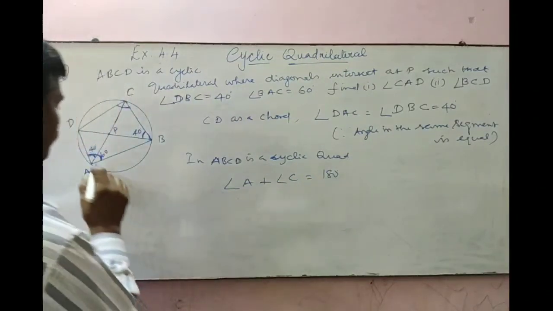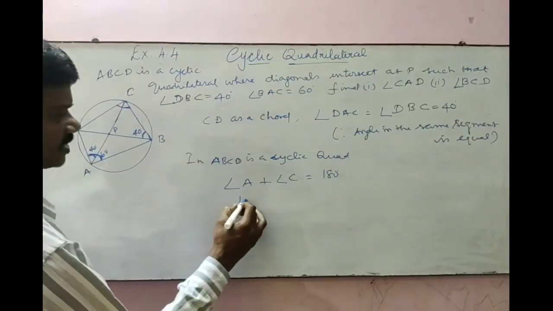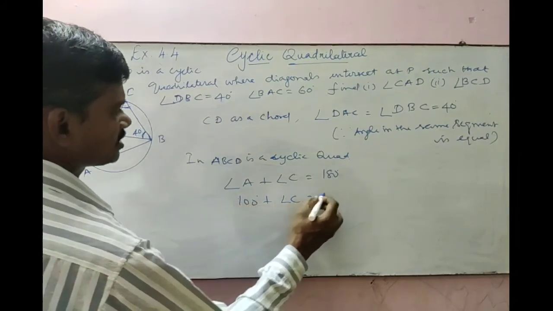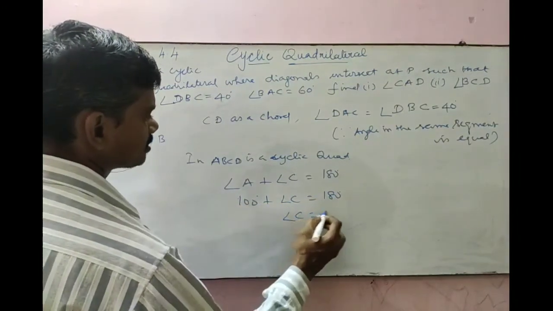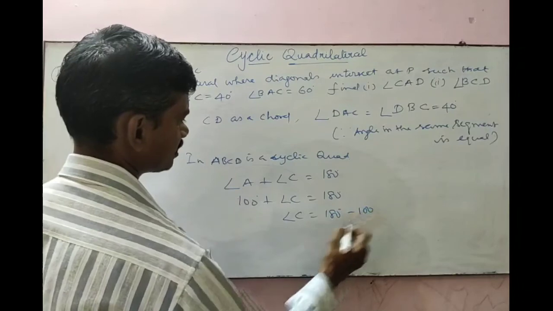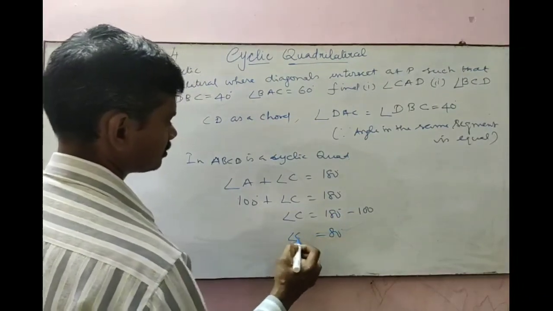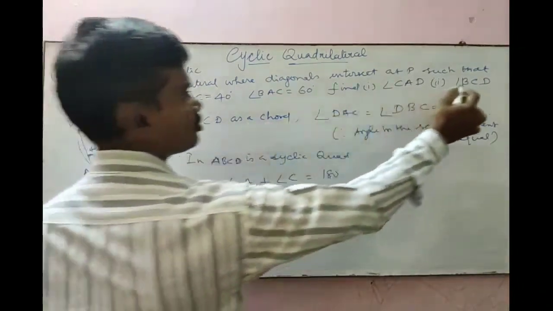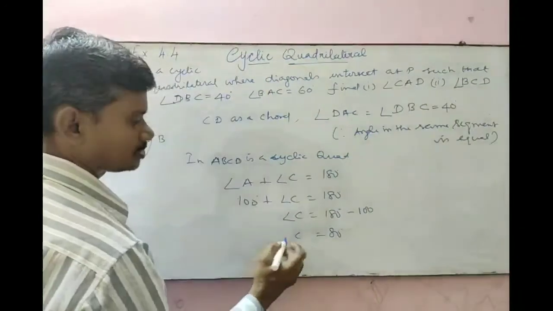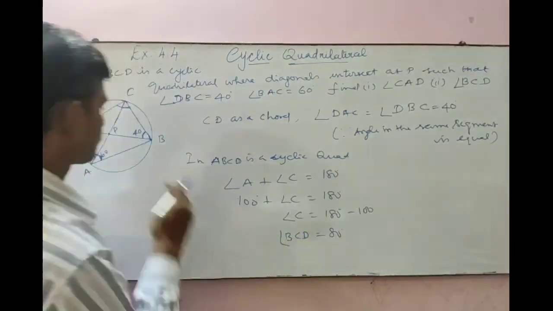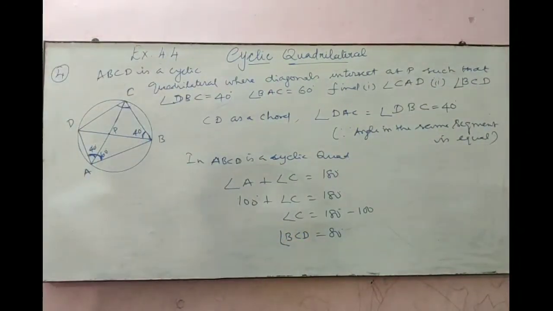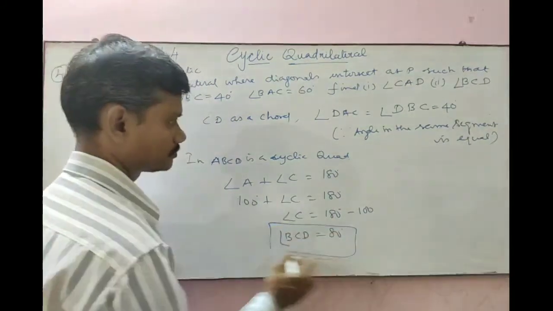Angle A we found is 60 plus 40, that is 100 degrees, plus angle C is equal to 180. So angle C is equal to 180 minus 100, which is 80 degrees. So angle C is BCD. You can write this angle C as BCD. This total angle is 80 degrees.